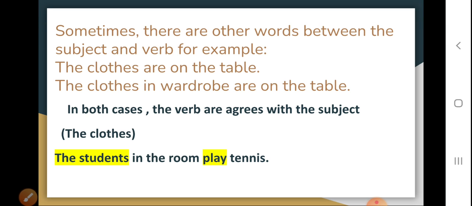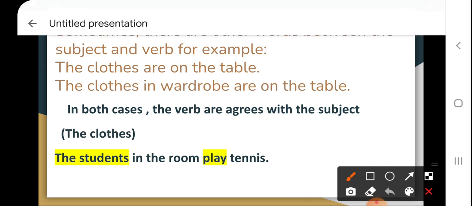Now the last one is sometimes there are other words between subject and verb. I talked to you about phrasal subjects. Now in a phrasal subject there is a main subject also, right? So when there is a phrasal subject or words between the subject and the verb, then the verb always agrees with the main subject. See the example.